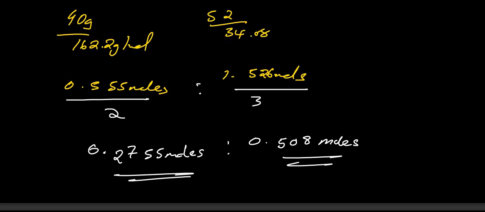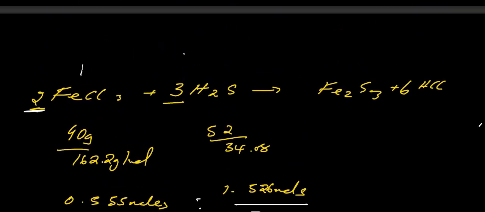So if you check the ratios in terms of them being in a 1-to-1 ratio, the moles of the iron compound is less, right? So the limiting reagent here is going to be this one. This is the limiting reagent, right?